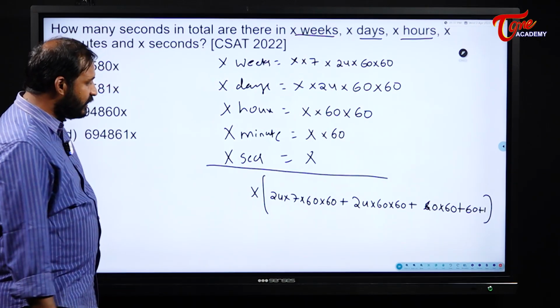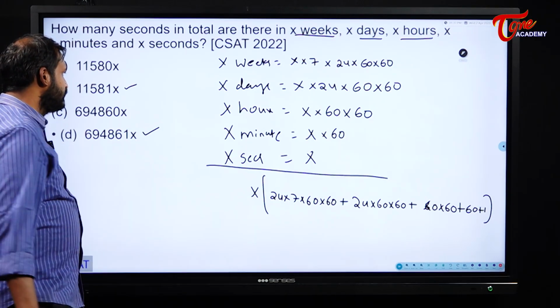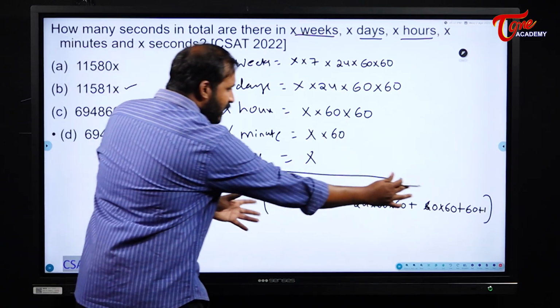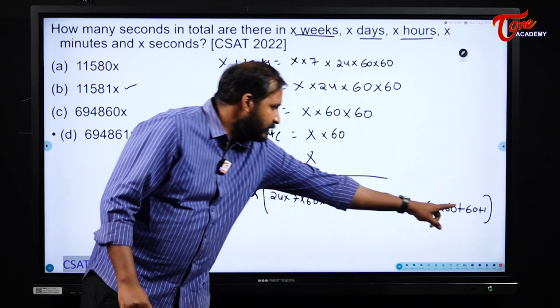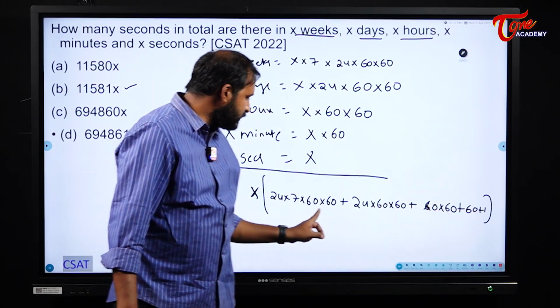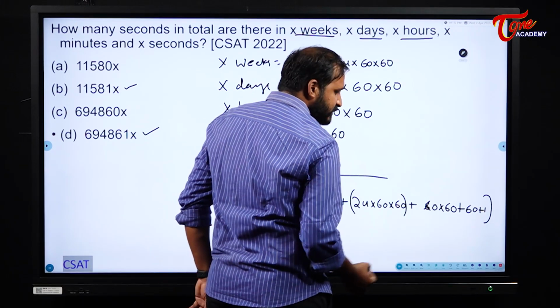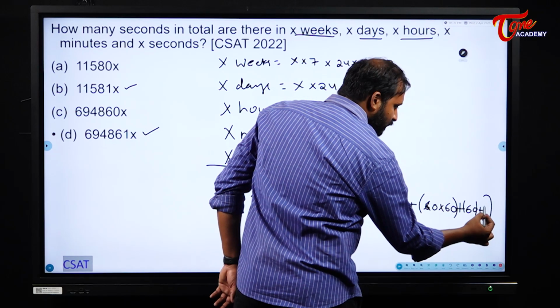So definitely in the units place we will have 1. So either our answer will be this or this. Only two options are left for us. Why? Because whatever the value which we will have into x, x means x into 1. The units place for this is 0, for this is 0, for this is 0, for this is 0, and what we have at last?